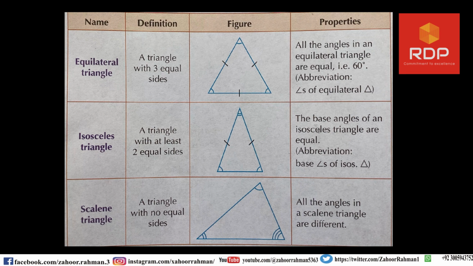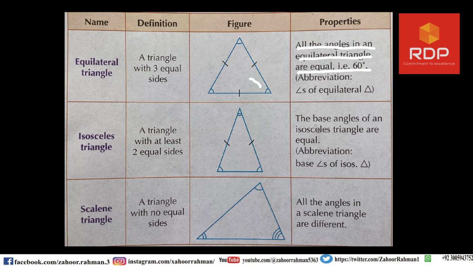Whenever all the sides of a triangle are equal, we will observe one very important property, and that is that all the angles in an equilateral triangle are equal to 60. So this angle as well as this angle and this angle will all be equal to 60 degrees.